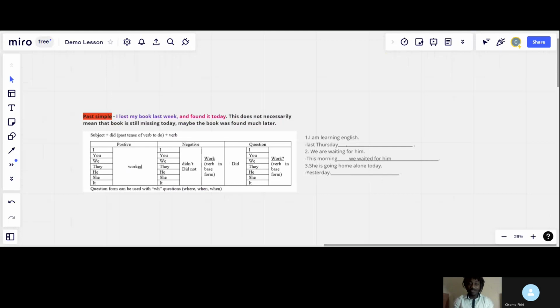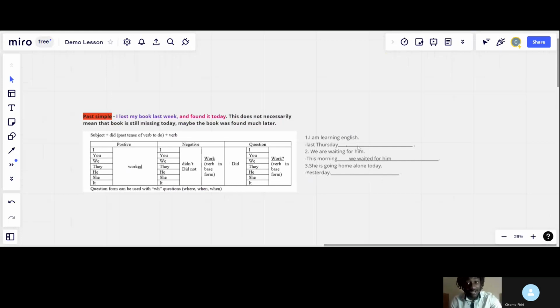So remember, for past simple, the action happened in the past, finished in the past. For present perfect, the action happened in the past, but still has impact today. Let us look at these examples for past simple. I am learning English. This is happening right now.